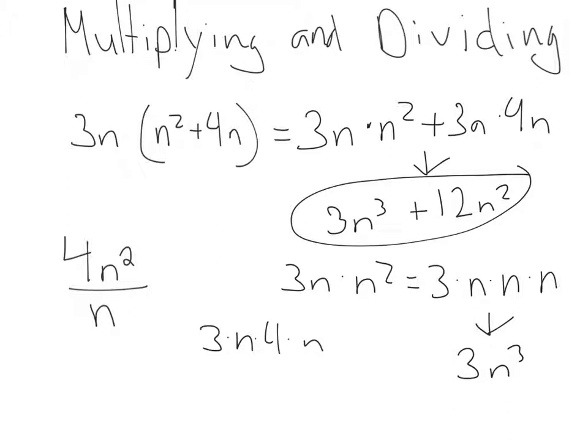And if we simplify this, we can now more easily see that 3 times 4 is 12, and n times n is n squared, so it would equal 12n squared.